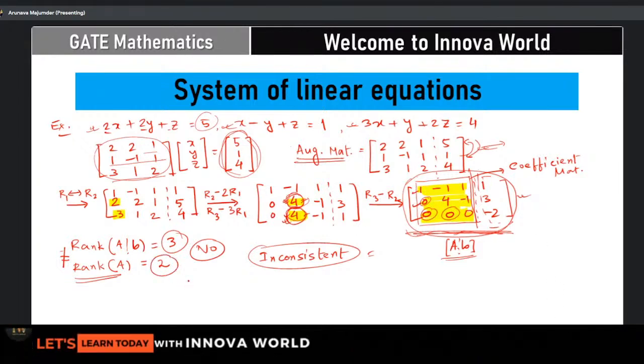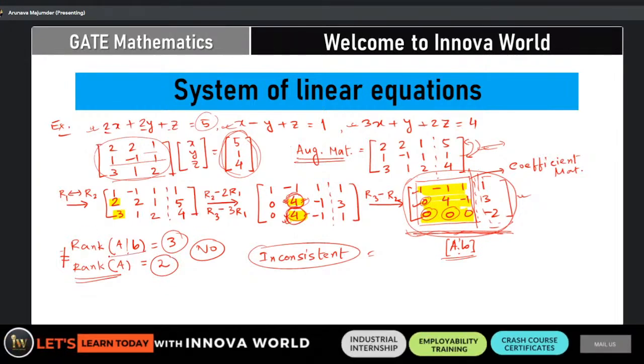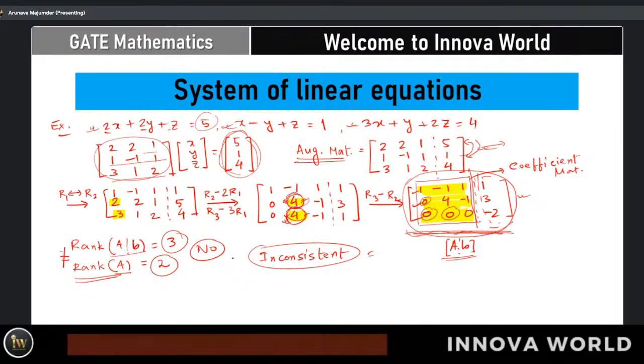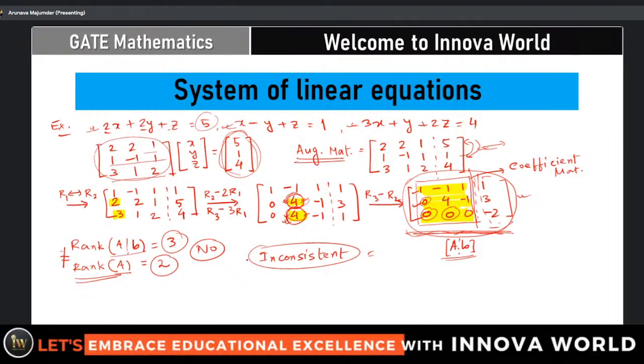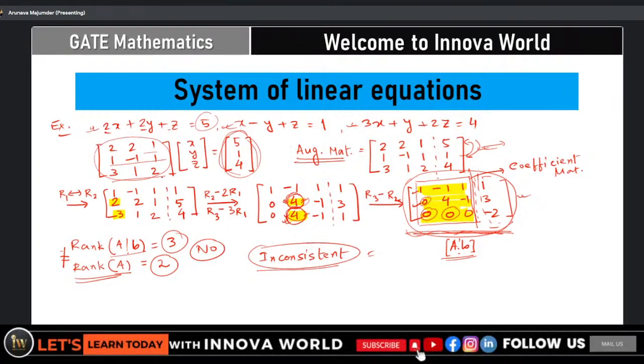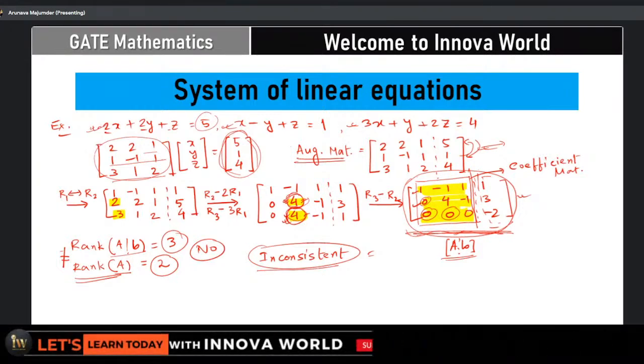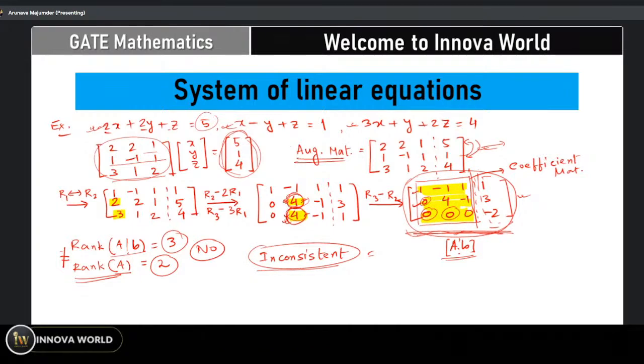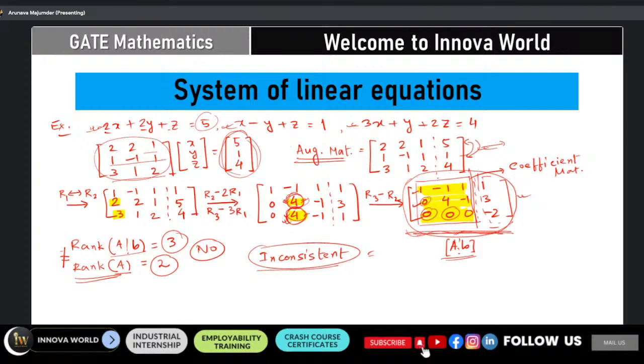Now we need to check whether these two ranks, AB and A, are equal or not. No, they are not equal. If these two ranks are not equal, we say this system of linear equations is inconsistent. It means that the system does not have any solution.